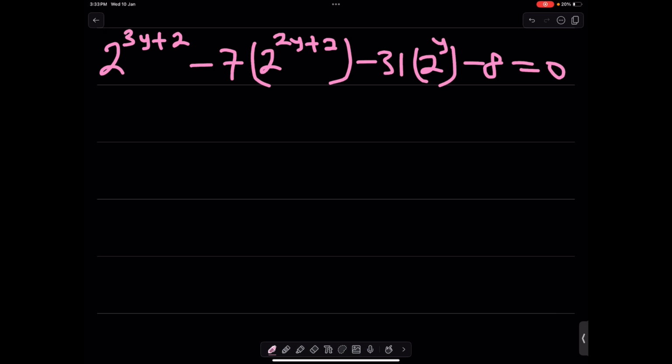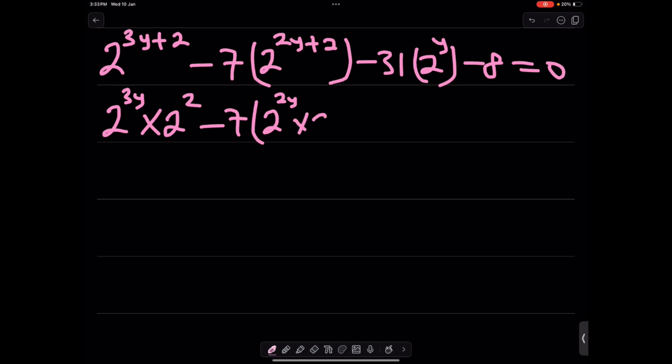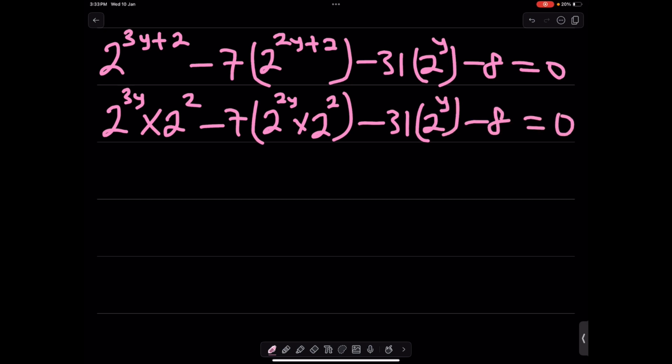Now, what do we do here? I can write this as 2 raised to power 3y times 2 raised to power 2, minus 7 into bracket 2 raised to power 2y times 2 raised to power 2, minus 31 times 2 raised to power y, minus 8 equals 0.